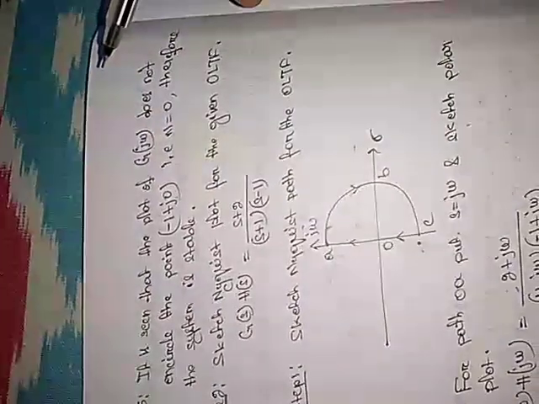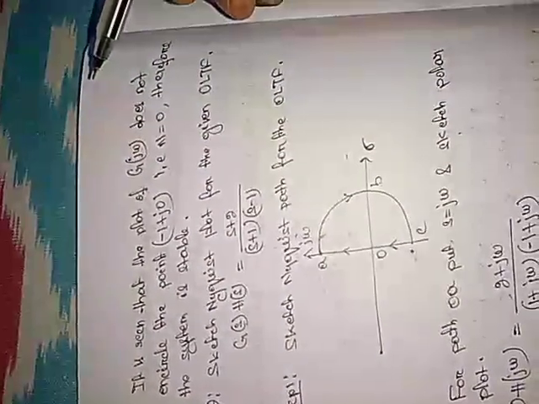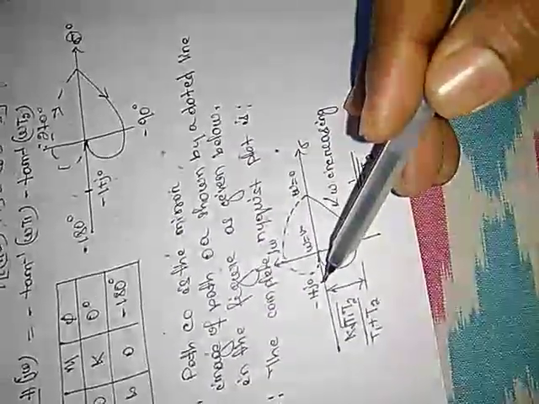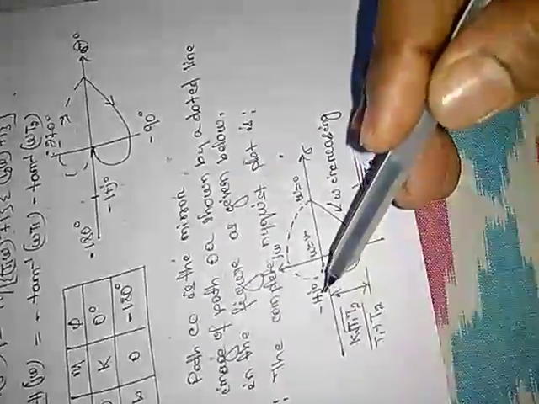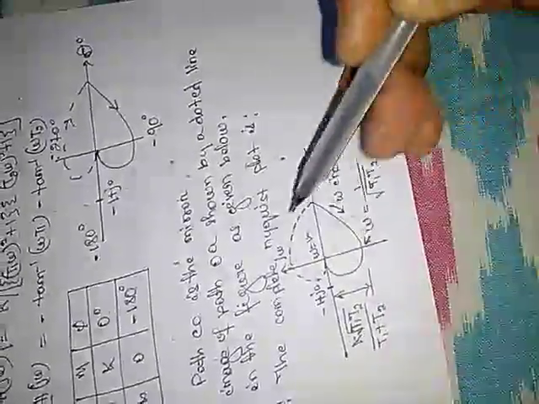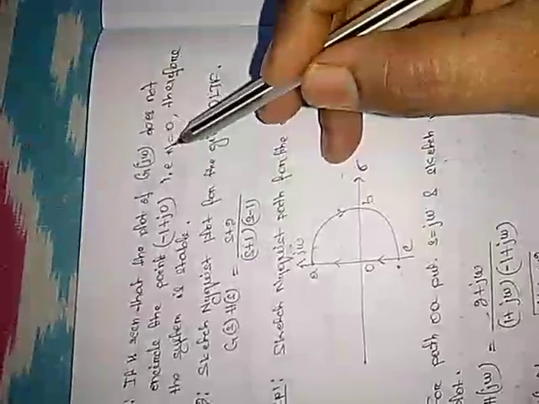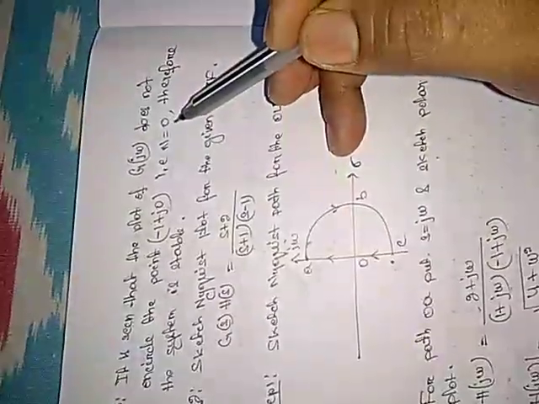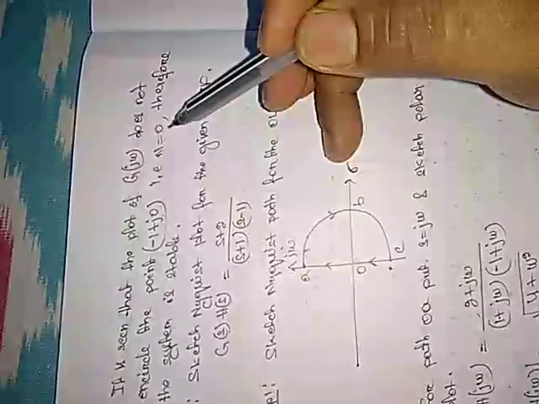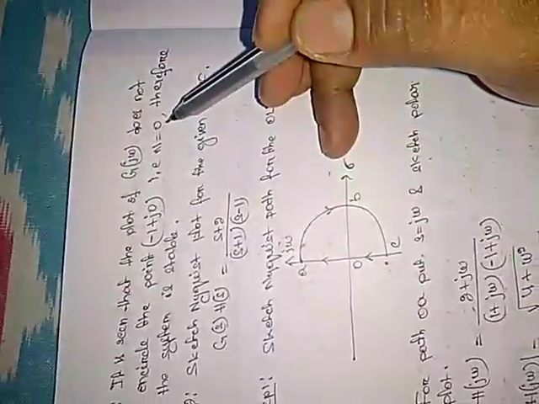Then we go for checking the stability. If you see the diagram, there is no encirclement of the point minus 1 plus j0 by this plot. The net encirclement in the counterclockwise direction is 0. Also, for my given transfer function there is no pole in the right half of the S plane.